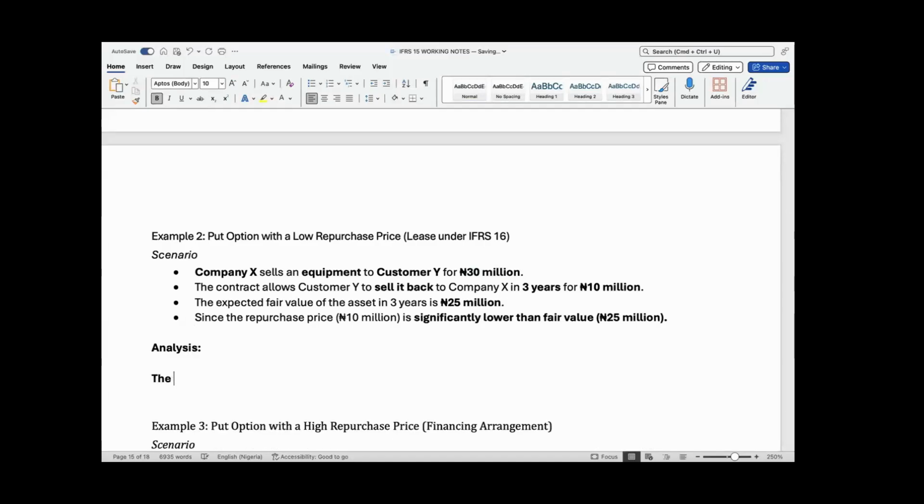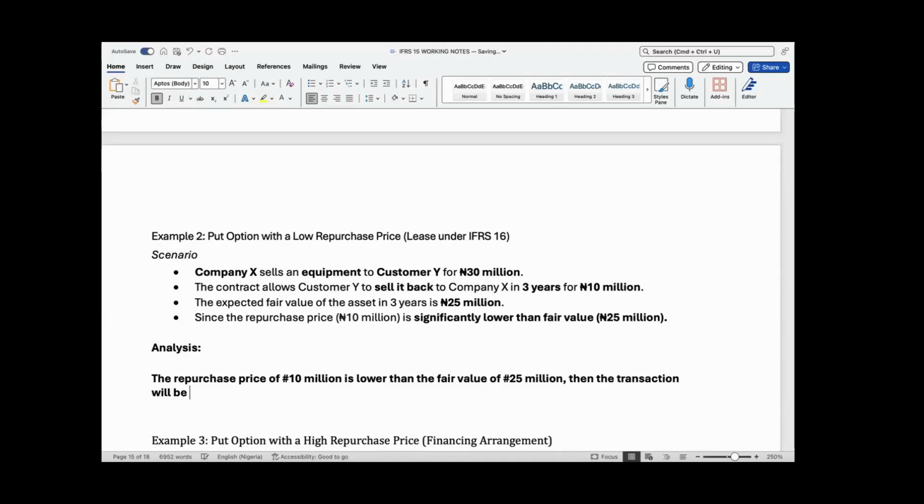The repurchase price of 10 million is lower than the fair value of 25 million. Then how should the transaction be treated? What should we do with this transaction?